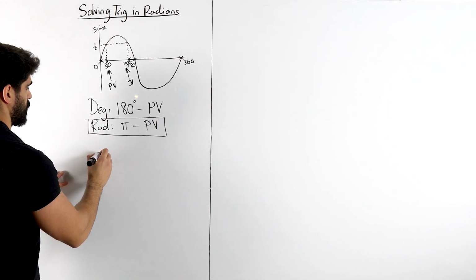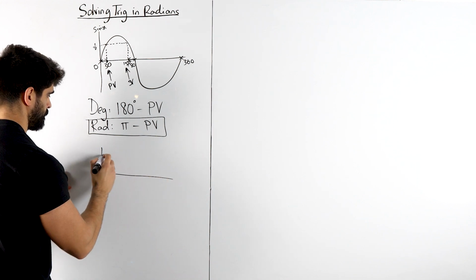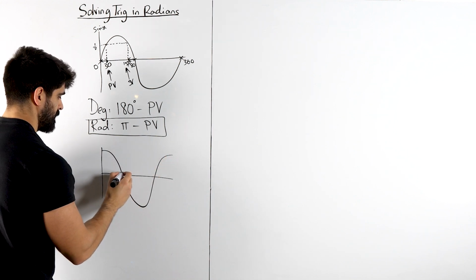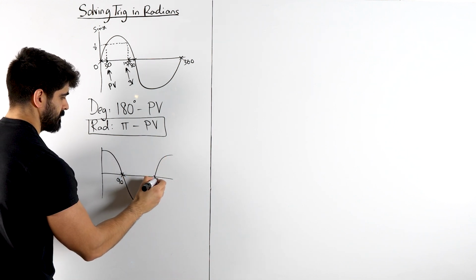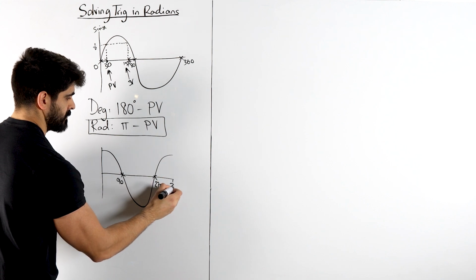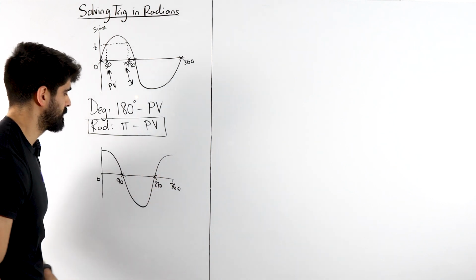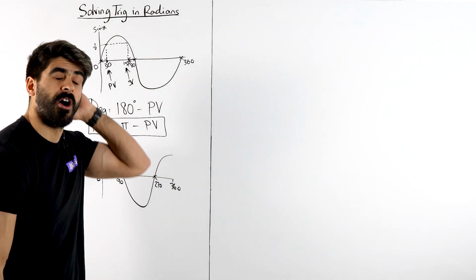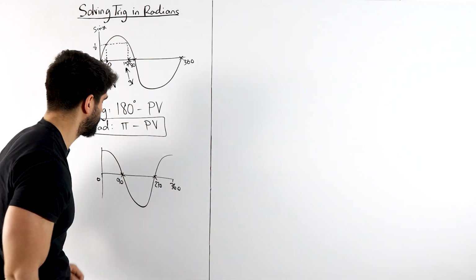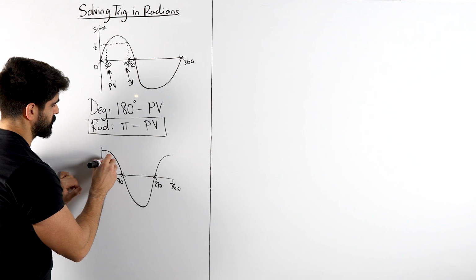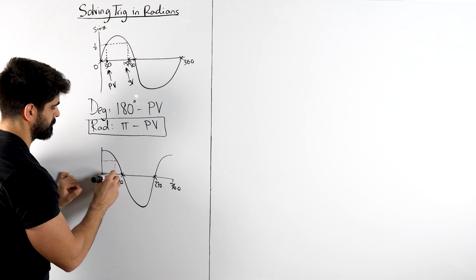How about with cosine? So the cosine graph looks like this. In degrees, this is 90, 270, 360, and 0, 1 and minus 1. Doesn't matter. Let's use the example of a half again. Now, inverse cosine of a half is 60.